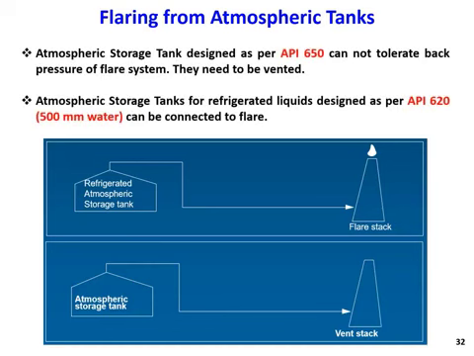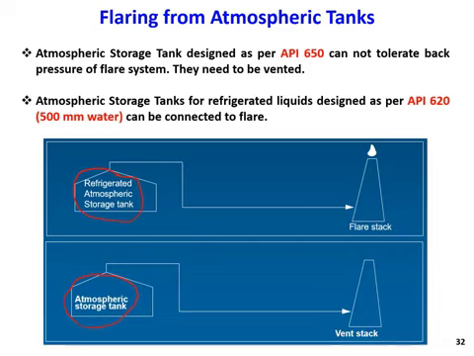Okay, so this photo shows a flaring system with a refrigerated atmospheric storage tank. An atmospheric storage tank is a tank that works at atmospheric condition. Refrigerated means it is kept at lower temperature. We usually do that to avoid any vaporization.